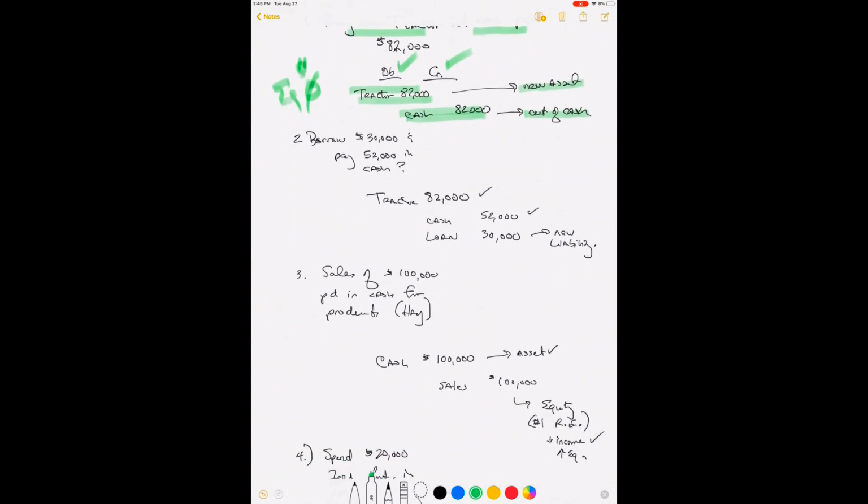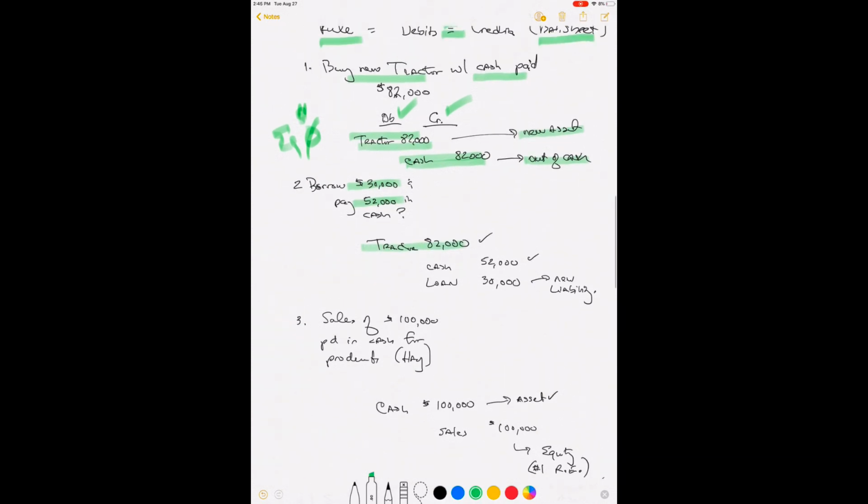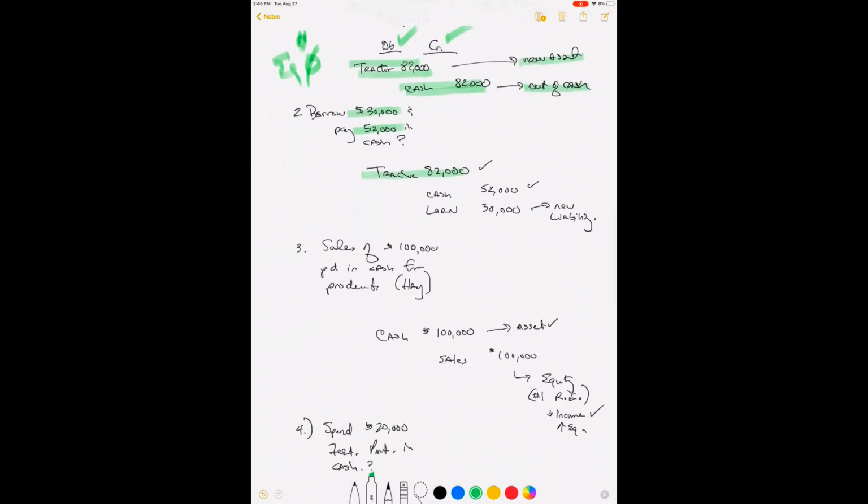So what's another example? Well, we could borrow some money to buy this tractor, and we pay $52,000 down, we borrow $30,000. So that's kind of the idea. The cash is the rest. What does that record look like? Well, the tractor is going to go up again in my assets, $82,000. That's great. How about my cash? Well, $52,000 went away.